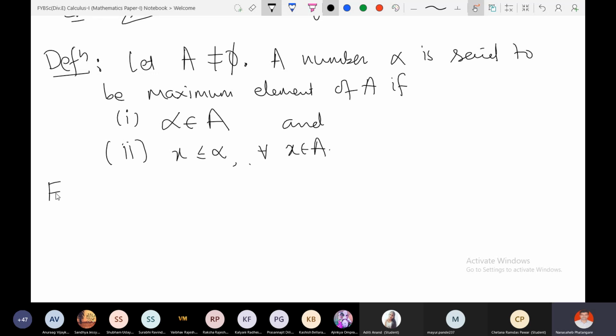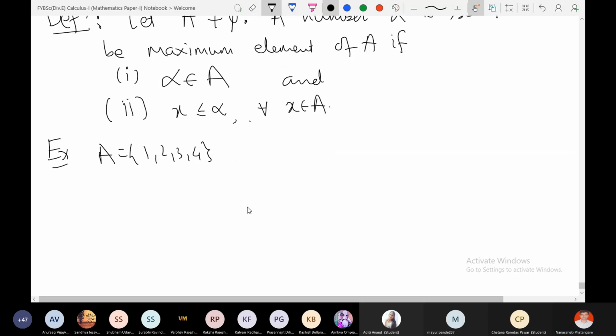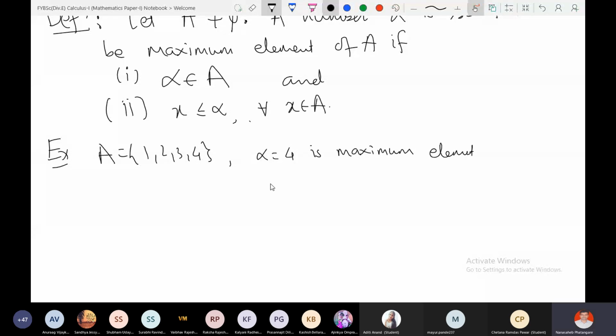So for example, if I take set A is equal to {1, 2, 3, 4}, what is the maximum element? Alpha is 4. So 4 is the maximum element. But if you take alpha is equal to 5, is it the maximum element?